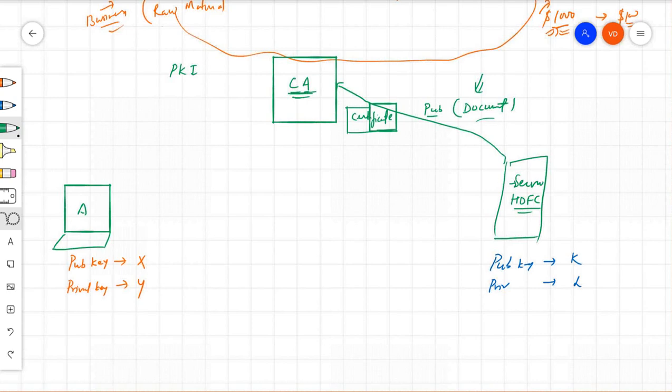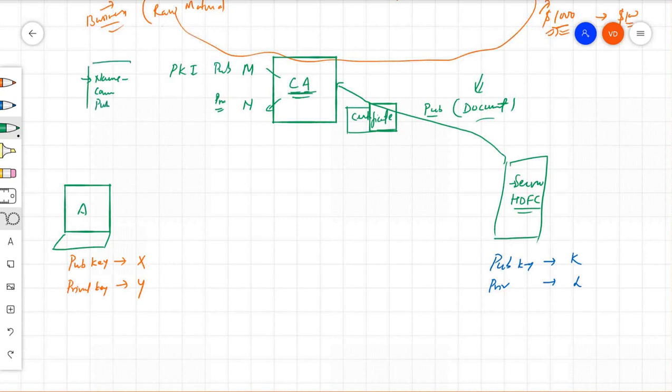This certificate is nothing. If I go slightly deeper into that, then the certificate authority also has its own public key and private key. Suppose those are N and N. This is public, this is private. So what the CA is doing is, it takes all the information, and this information can be your name, your country, your public key.